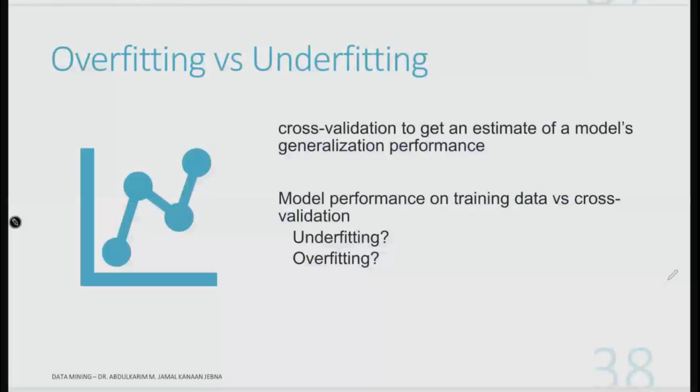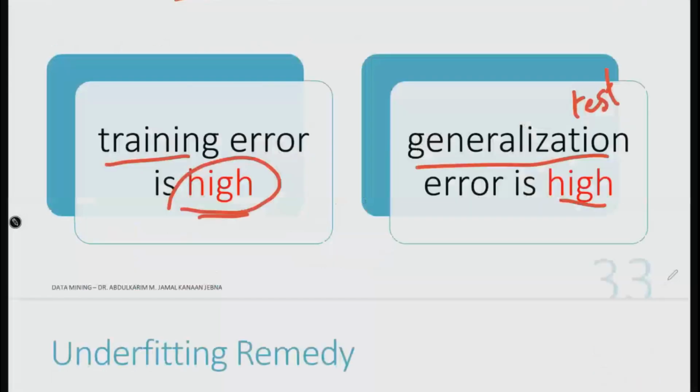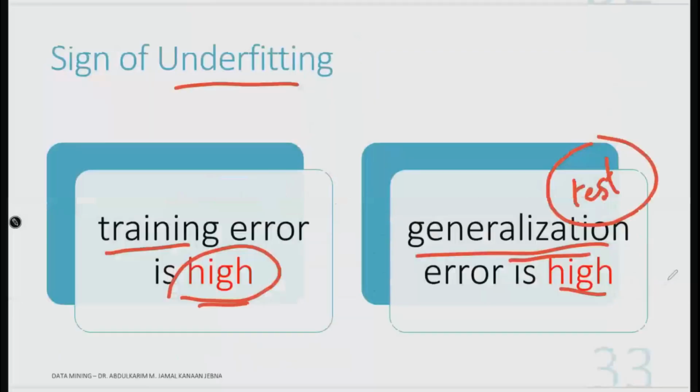In order to determine, for example, underfitting, you need a generalization error, which is an example using the test set. But can you use the test set during modeling time? Cannot. Then what do you do? Validation. So you use the validation set.